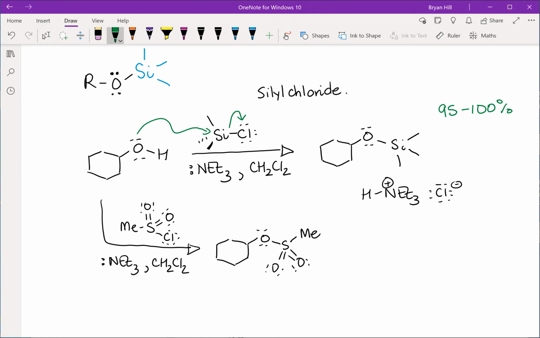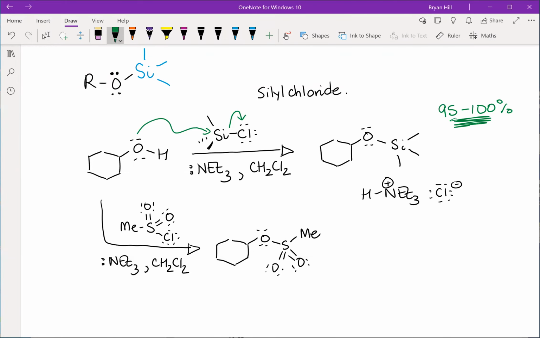It all depends on their stability and how you take them off. You could do a whole section of a course just on silicon protecting groups. But the yields are essentially 100% to put on. So that's the first thing, which is good.